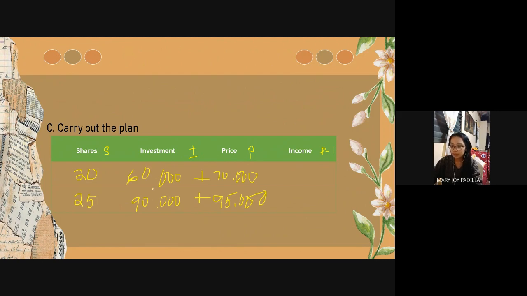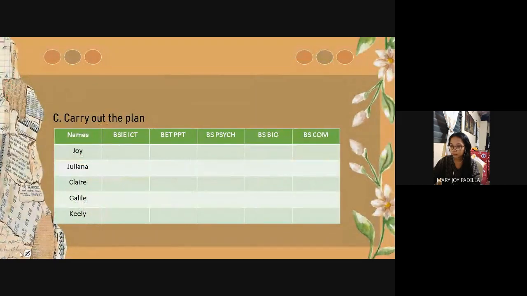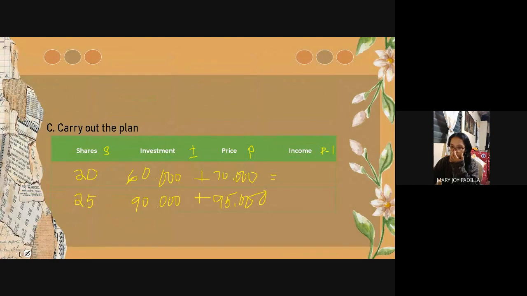So, 60,000 pesos plus 70,000 pesos is equal to what? No, we're not going to plus pala.